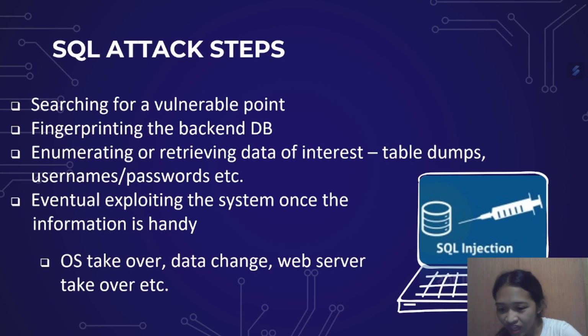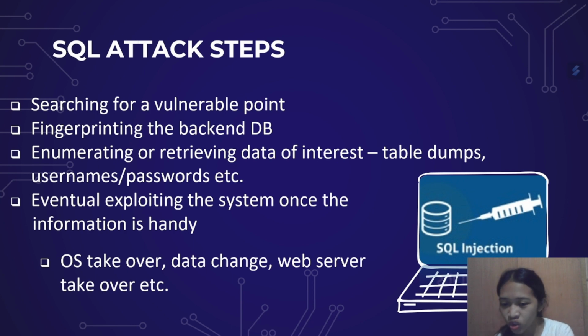Third, we have enumerating or retrieving data of interest. With knowledge of the database schema, the attacker can then attempt to retrieve data of interest, such as usernames, passwords, or even other sensitive information.